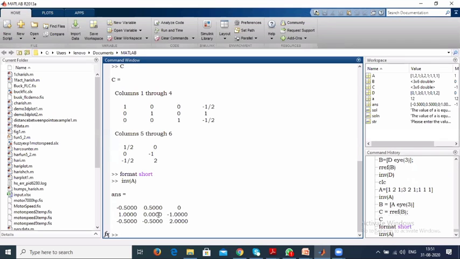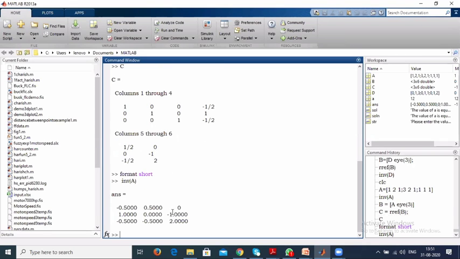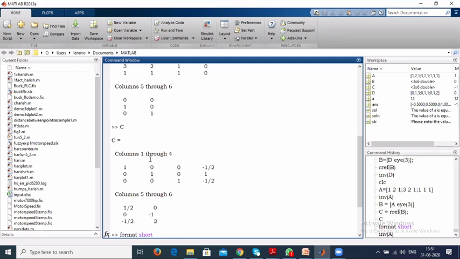When I use the command format short only, it is showing. But if it is in rational form, format rat, it will not display that value.